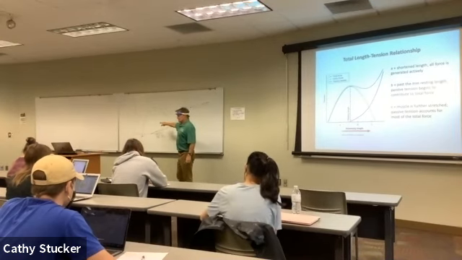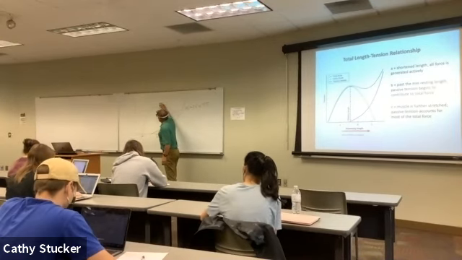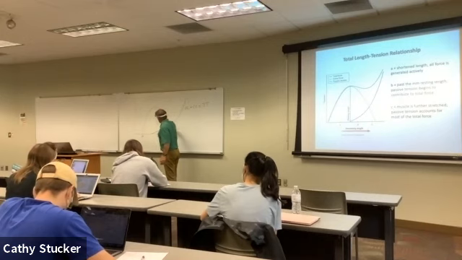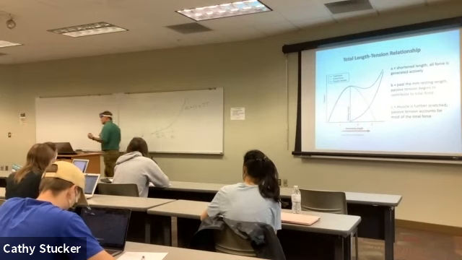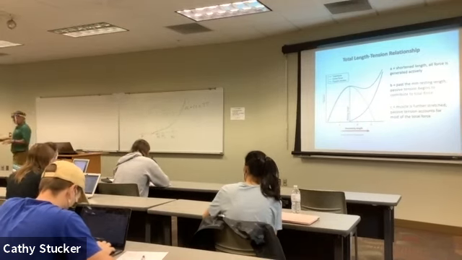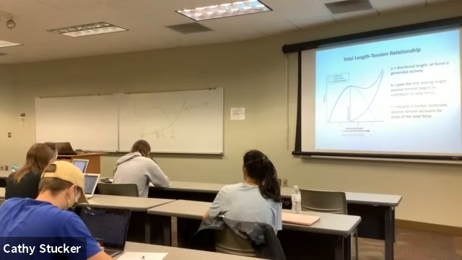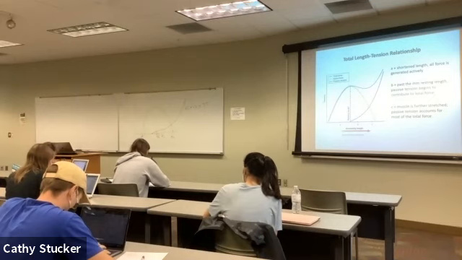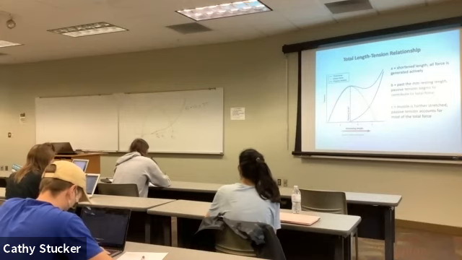This is based on the research. And this shows that the most force you can get out of a muscle in its normal state is about 120, 125% resting length. So if you stretch a muscle a little bit past its resting length and then contract, you actually generate more force at that situation than any other part of the range of motion.